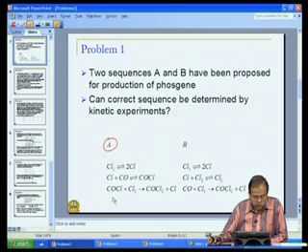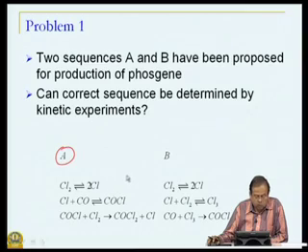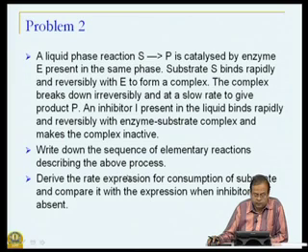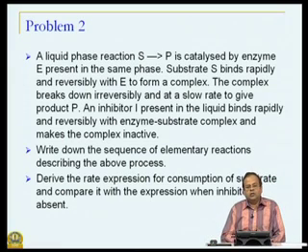Okay. So, this is our first problem. Let us look at another problem. Okay. And this example is from biology or biochemistry to be more specific, but again it has to do with chemical kinetics. What does it say? It says that the liquid phase reaction S going to P is catalyzed by an enzyme E, that means enzyme E is a catalyst.